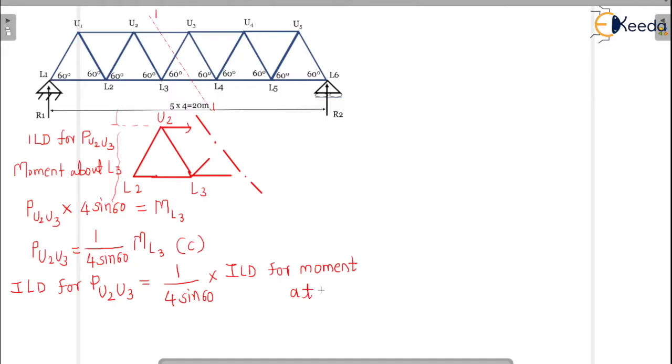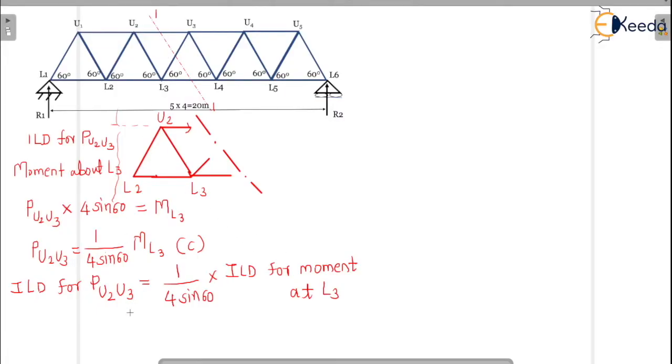Same equation I have written in this term. Now what is this moment? We have to find out what is the ordinate we are going to get at point L3.